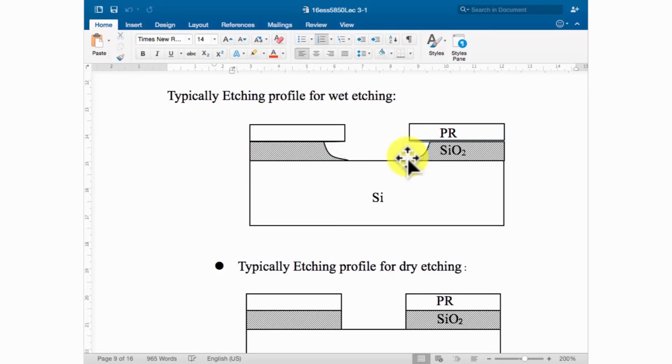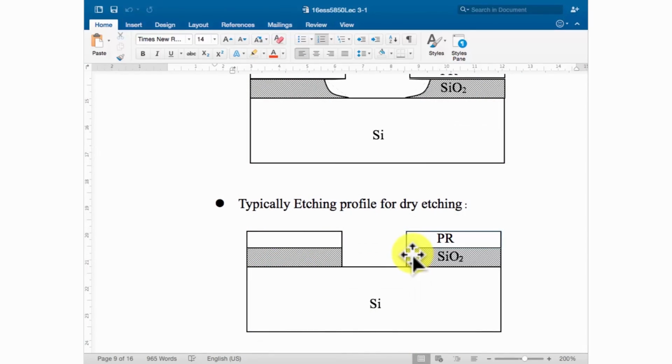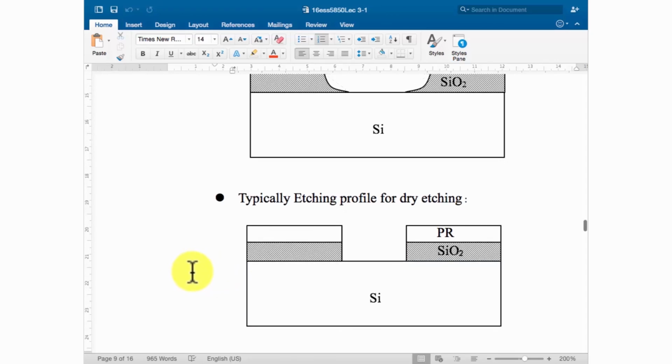So the profile will become a little bit sloped. Okay, it's not very steep. But for dry etching you can get a much steeper, much straighter sidewall, from a gas-type chemical etching process.